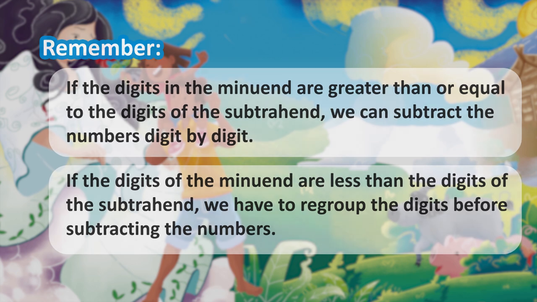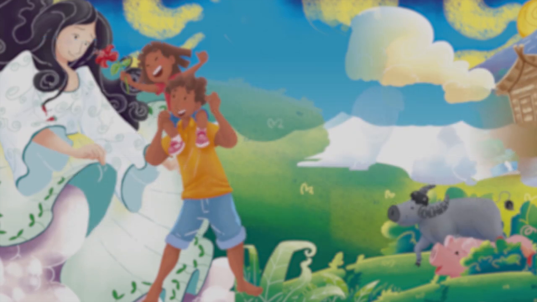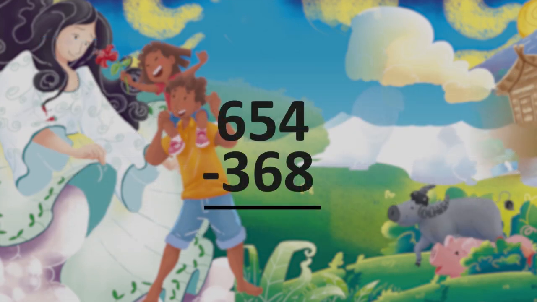Okay, let us try this equation. 654 minus 368. For the first step, what digits are in the ones place value? Awesome! We have 4 and 8. Can we subtract 8 from 4? Correct!